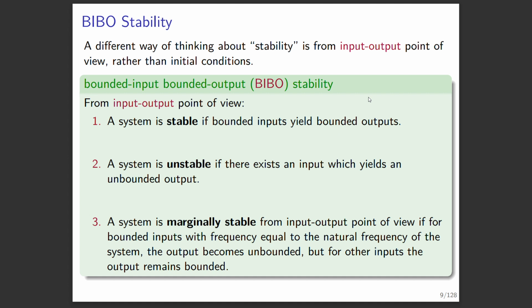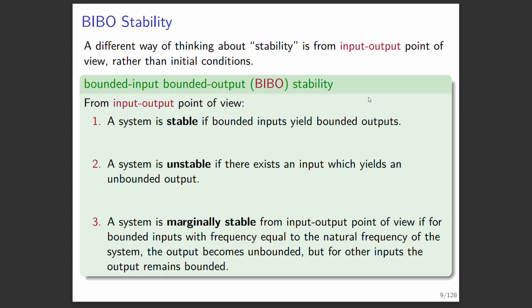I give it some input, and that input is bounded. The output must be bounded. If that happens, your system is stable. Your system is unstable if there is one input, even one, that if you give that input to your system is going to create an unbounded output.